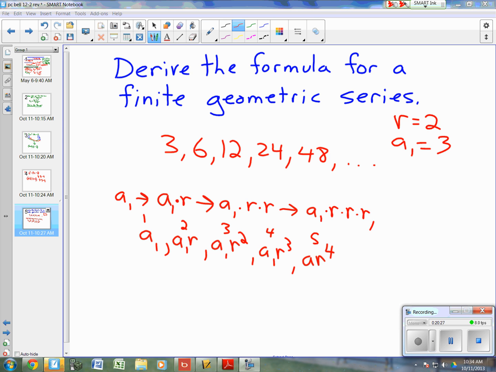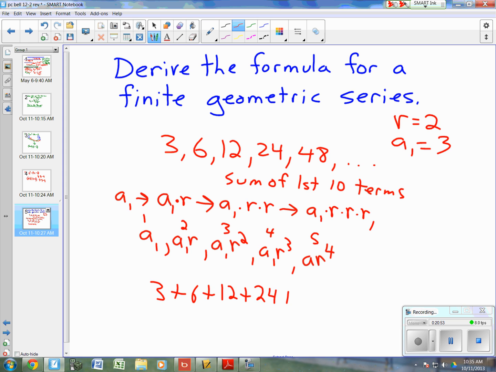Okay, now, we are going to give you a formula right here. Let's say we want to find the sum of the first 10 terms of this one. Now, we could list out all the terms, 3 plus 6 plus 12 plus 24 plus 48. 1, 2, 3, 4, 5.